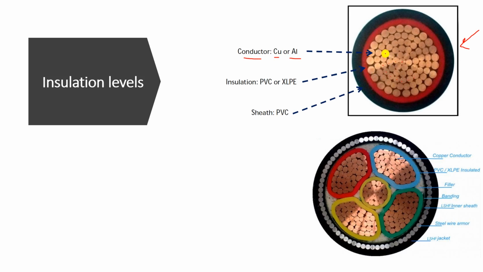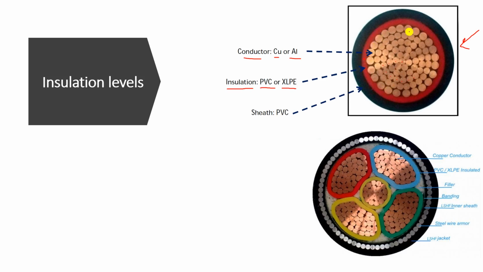Now the insulation which we are talking about here, to insulate the core itself from any other electrical conductors or from the earth, is made of PVC or cross-linked polyethylene, XLPE. You can see this red material.